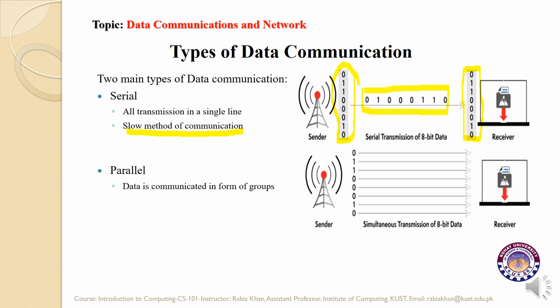In this diagram you can see multiple channels are there and data are sent at the same time over these channels, while in the case of serial there was just a single data transmission line. Here you can see this arrow. This means data can be sent much faster. So parallel data communication is faster as compared to serial data communication.